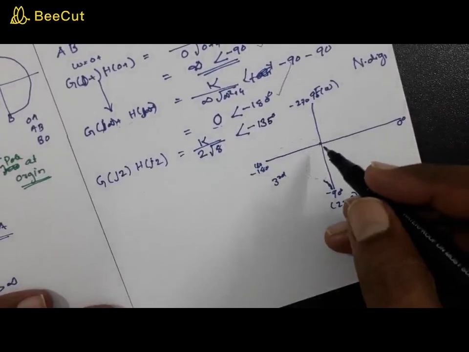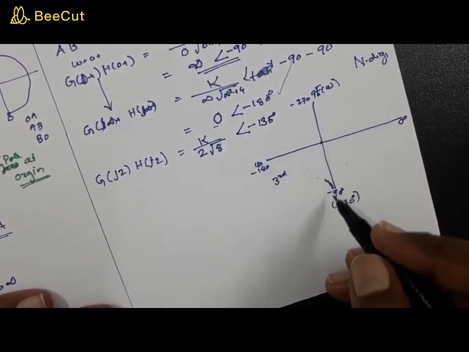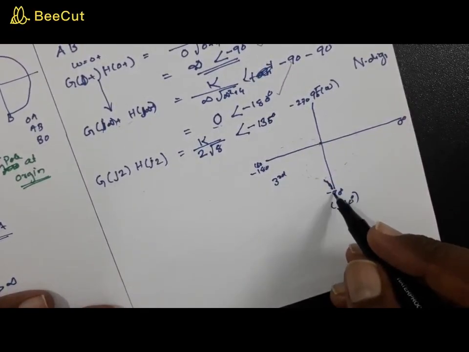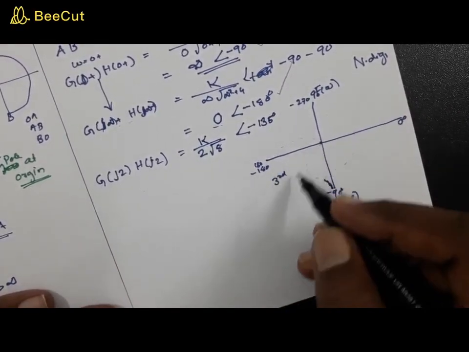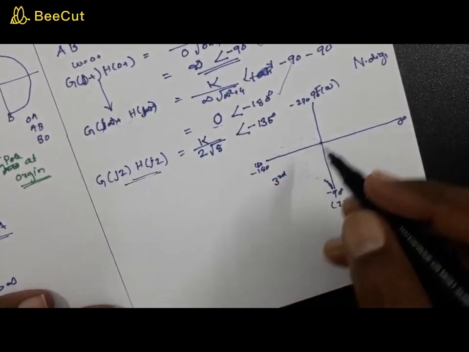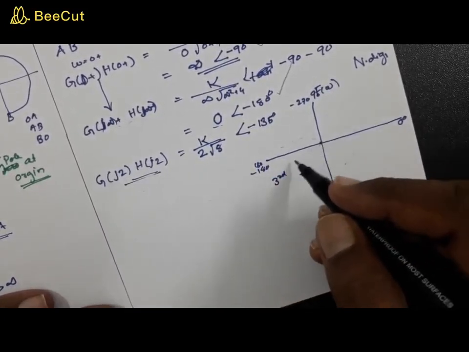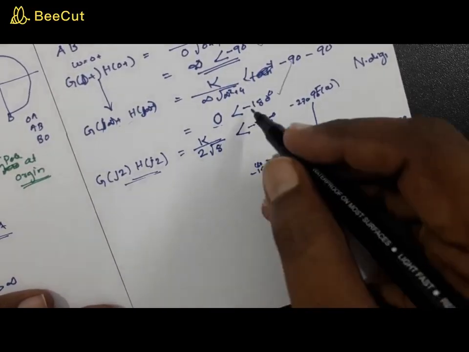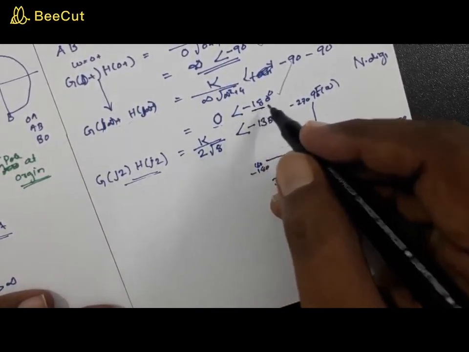Now from this we understood that this minus 135 degree comes in between minus 90 and minus 180. That means this particular plot is not going over here. Why? Because the maximum negative angle is minus 180 degree.